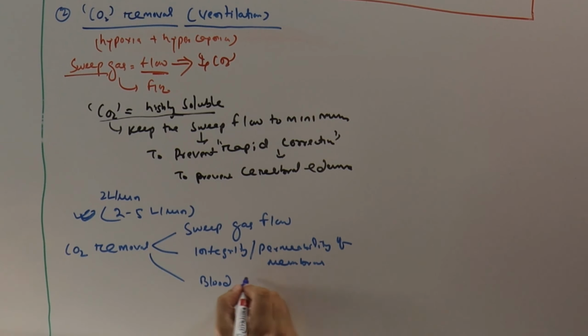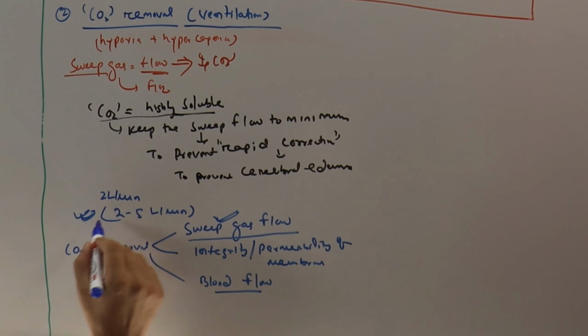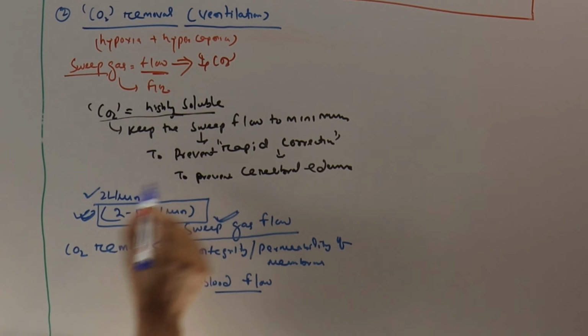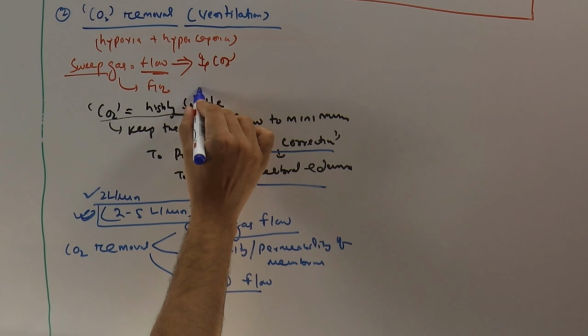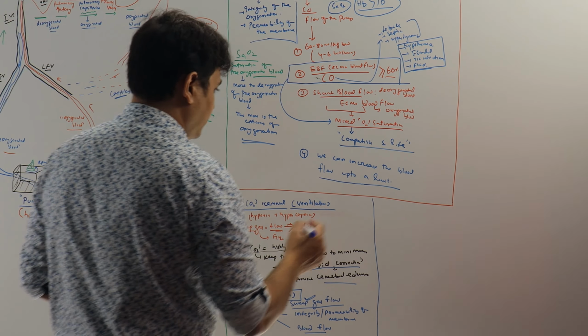This is the minimum. Blood flow helps in oxygenation, but for CO2 removal it is the minimum, and the maximum is the sweep gas flow, right? And the usual setting is 2 to 5 liters per minute. In the beginning you set a minimum to prevent rapid correction, to prevent cerebral edema, because it is very highly soluble, right?